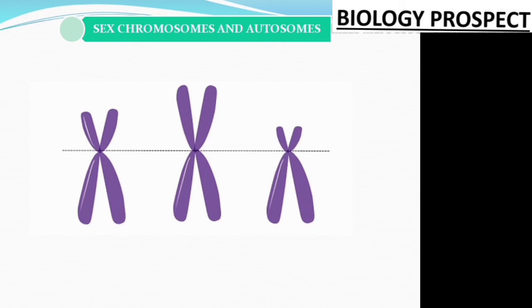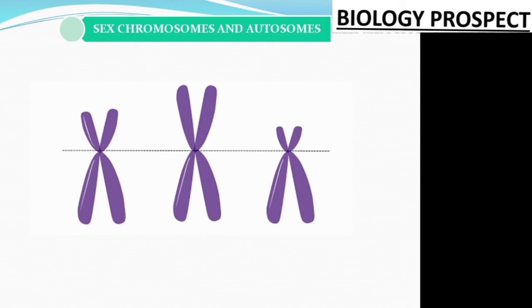The autosomes carry genes which control somatic traits and play no role in sex determination. That means these chromosomes are responsible only for somatic characteristics, that is, our body structure, internal and external, and the different genetic features related to our body shape. Different species have different body structures. These 22 chromosomes, in human beings, are responsible for our body shape or body structure.